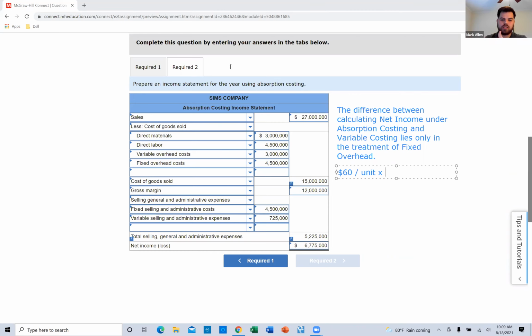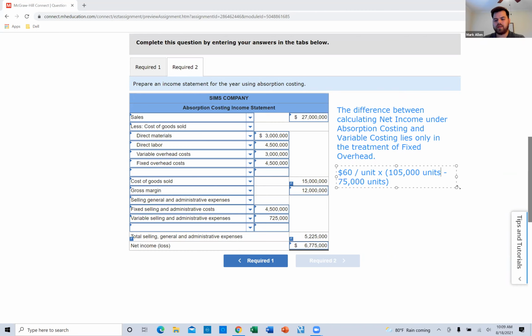And what was the difference in my production level? I believe my production level was 105,000, while my sales level was 75,000. And of course, all of this is in units, so we'll correct our units real quick.